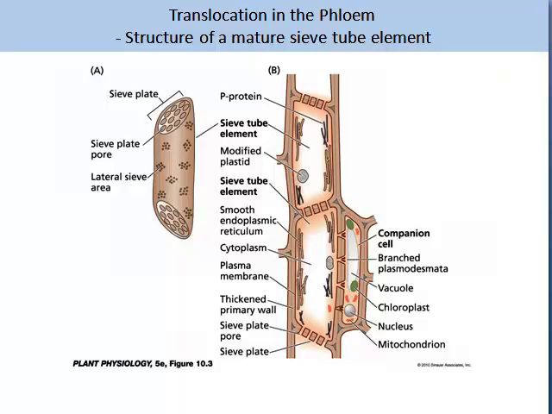The figure on the slide illustrates the structure of a mature sieve tube element. I will draw your attention to the sieve plates and how they look, containing sieve plate pores and lateral sieve areas. Also, in Part B of this figure, you will see sieve tube elements along with companion cells.